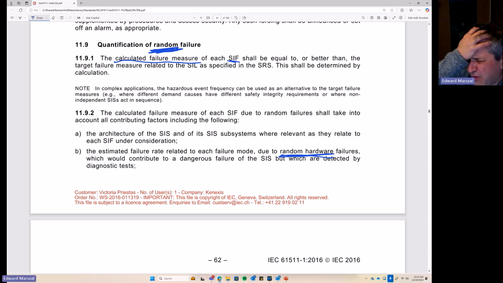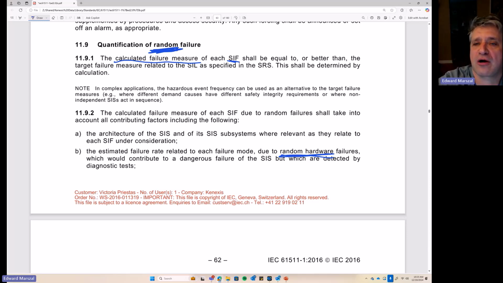Well, actually, we do SIL verification to see if we achieved our SIL target. Why didn't the standard just say SIL target? Instead it says calculated failure measure. Well, your calculated failure measure can be a bunch of different things, and the standard acknowledges that.